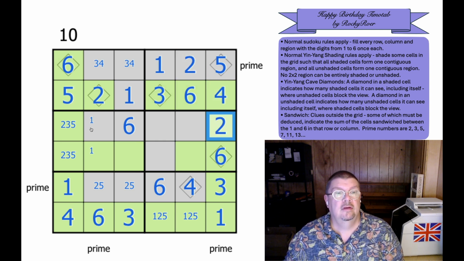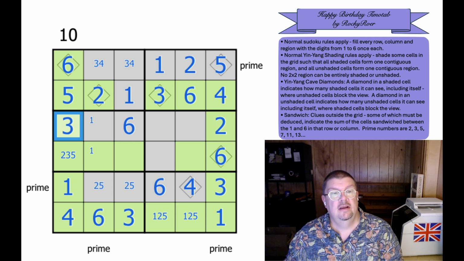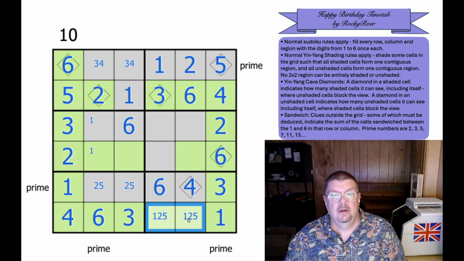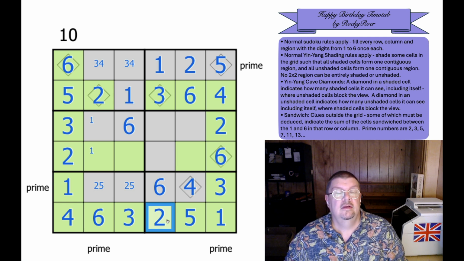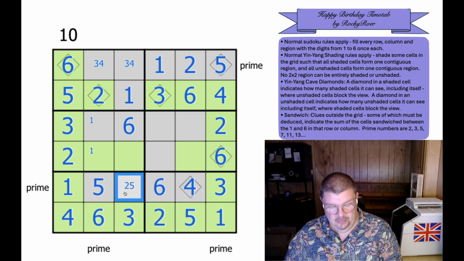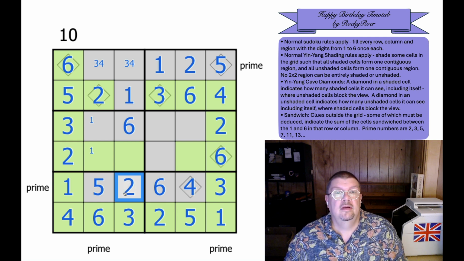That's 2. That's not 2 or 5, so that's 3, and that's 2. That's not 1 or 2 by Sudoku, so that's 5. That's the 2. This is a super fun puzzle. 2 makes this 5 and 2.